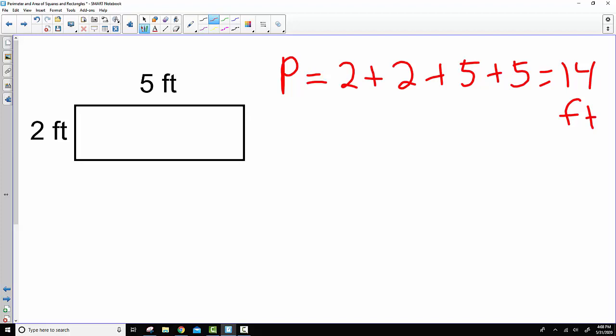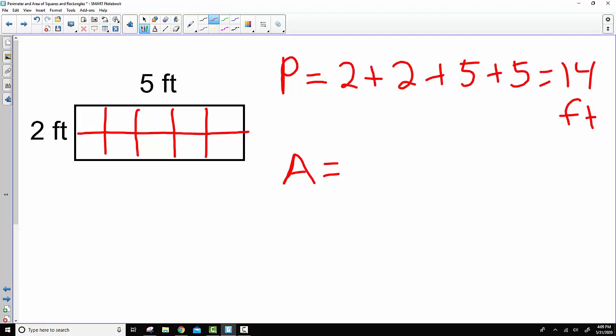Next, we need to find the area. Let's find our square units and then we can use the formula. On the left-hand side, you see 2 feet. So we know that this rectangle is divided in half. At the top, we see 5 feet. So we know that we must have 5 units vertically to make our square units.